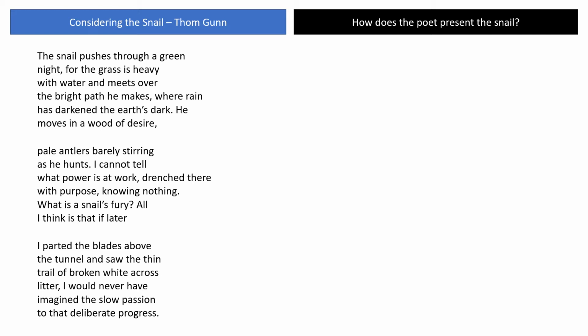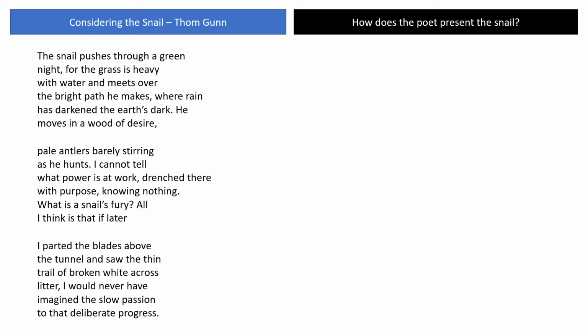So here we go. Considering The Snail by Thom Gunn. The snail pushes through a green night, for the grass is heavy with water and meets over the bright path he makes, where rain has darkened the earth's dark. He moves in a wood of desire, pale antlers barely stirring as he hunts.